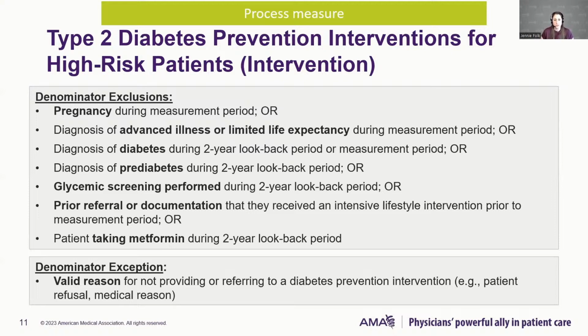This measure also excludes patients who already had a referral or documentation to an intervention prior to the measurement year, and it excludes patients already taking metformin. This measure also has a denominator exception, which is a reason for not referring a patient to an intervention. This could include a patient's refusal or a valid medical reason.